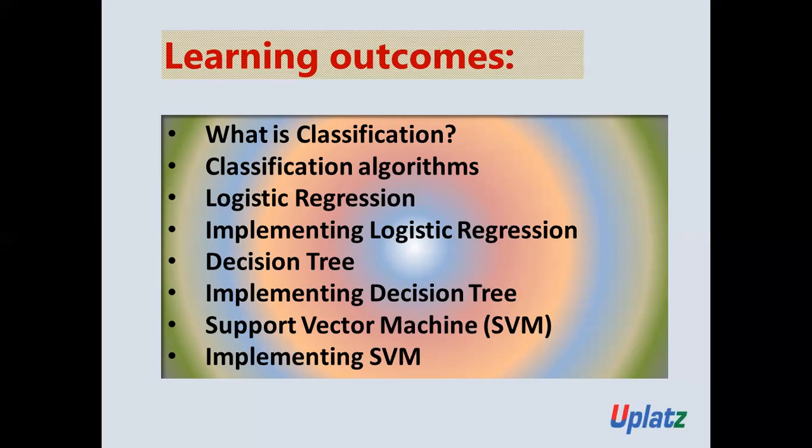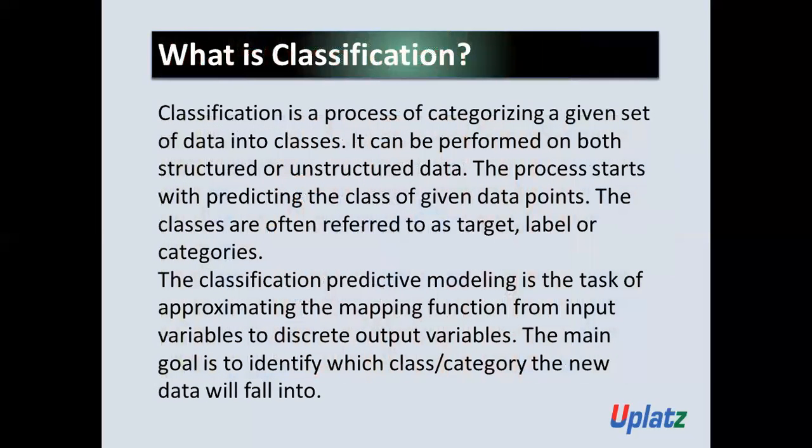So let's start with the first point: what is classification? I hope you remember the basic thing about classification. Classification is a process of categorizing a given set of data into classes. It can be performed on both structured or unstructured data.